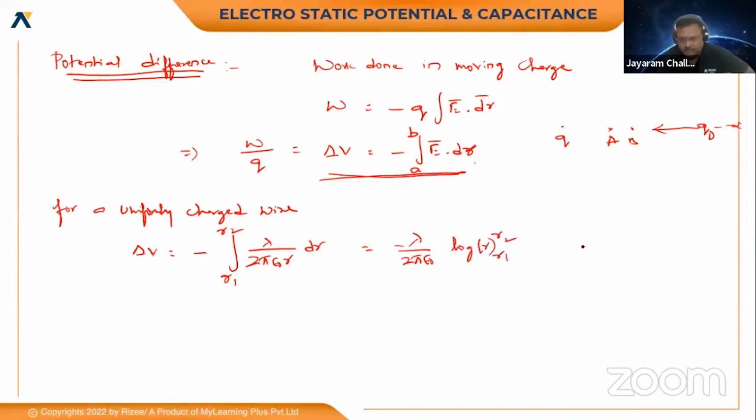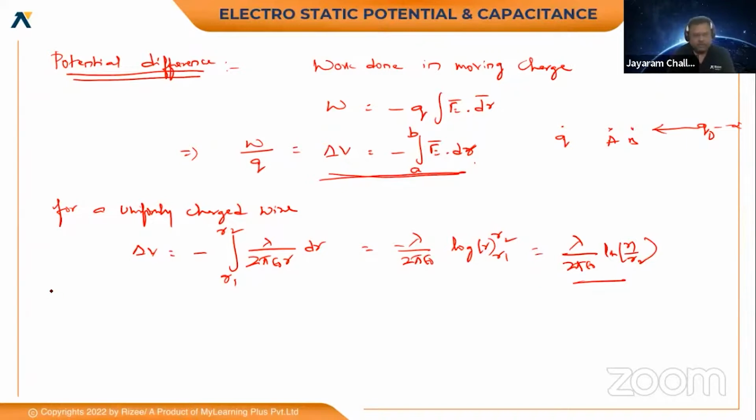If I take the minus sign inside, it is lambda by 2 pi epsilon naught of ln of r1 by r2. It is the potential difference for a uniformly charged wire.